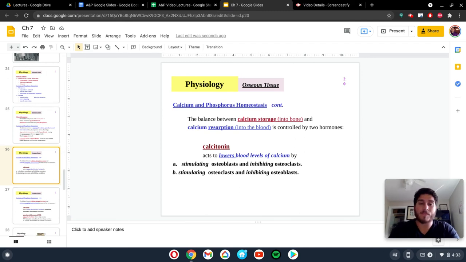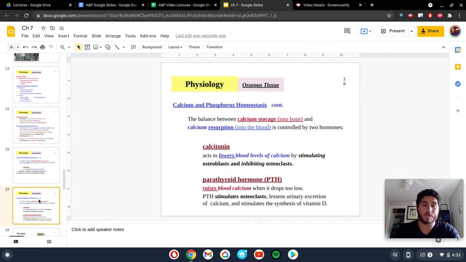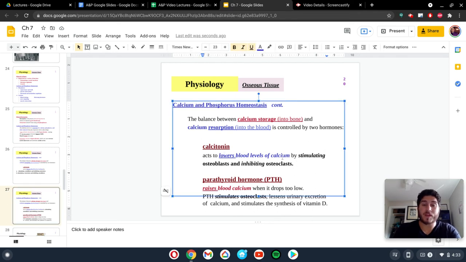So does that mean it is stimulating osteoblasts and inhibiting osteoclasts? Activating osteoblasts and slowing down osteoclasts from doing their jobs? Or the opposite? It's a good question. The answer is it's going to stimulate the osteoblasts and inhibit the osteoclasts. To lower your blood levels of calcium, you have to store it somewhere outside of your blood.